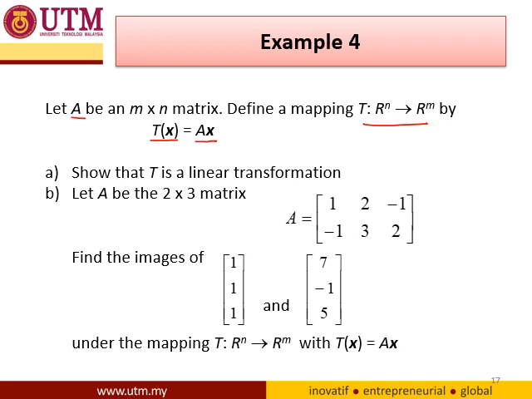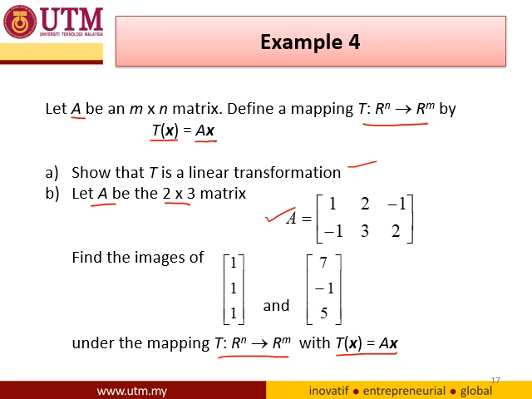This is the mapping that they give you. Show that T is a linear transformation. Now for question B, they give you a 2 by 3 matrix A, and find the images of (1, 1, 1) and (7, 8, 5) under the mapping T from Rn to Rm with T(x) equals Ax.